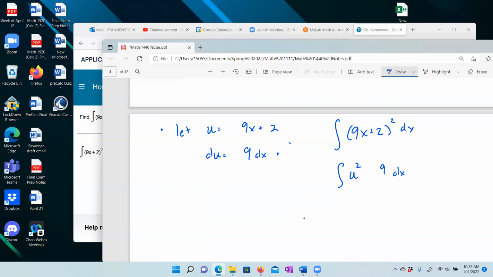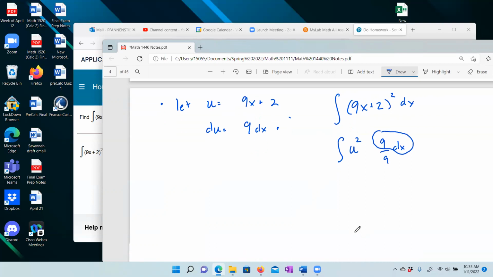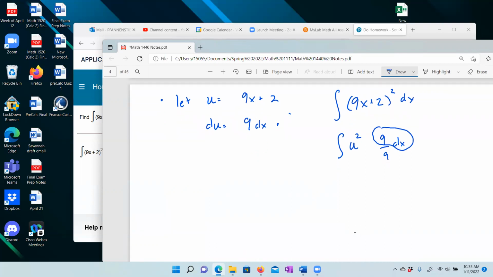So let's put in a 9 and a 1/9. Then this 1/9 is just going to come out. We're going to say this is 1/9 times the integral of u squared, and this 9 dx here is our du.